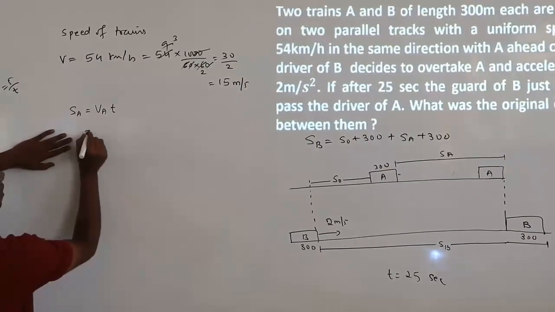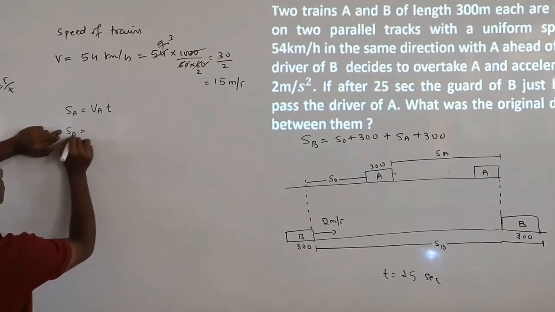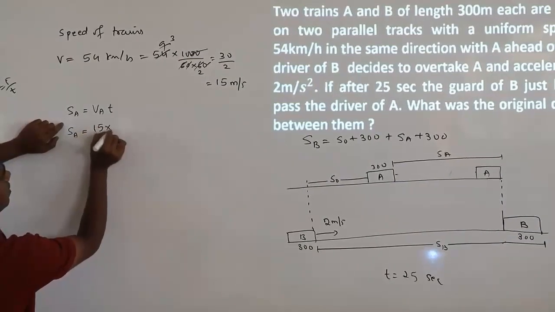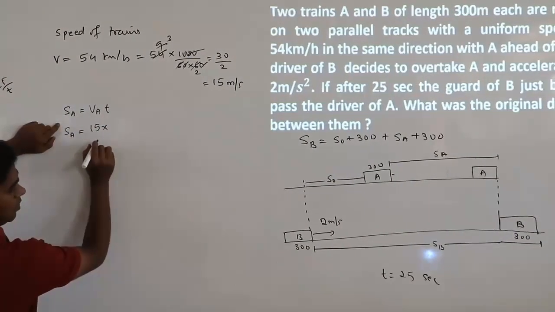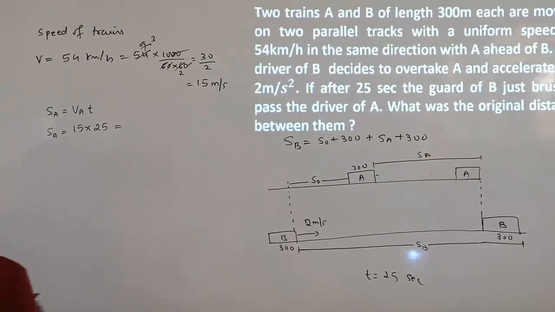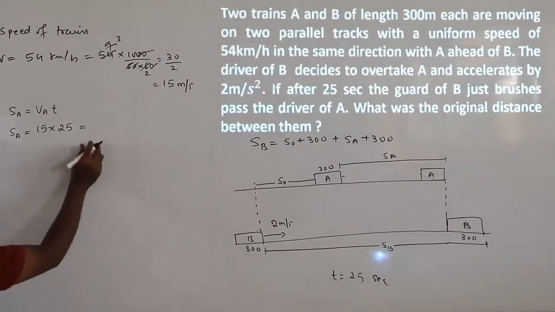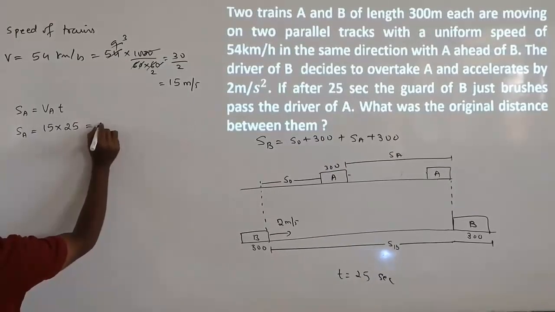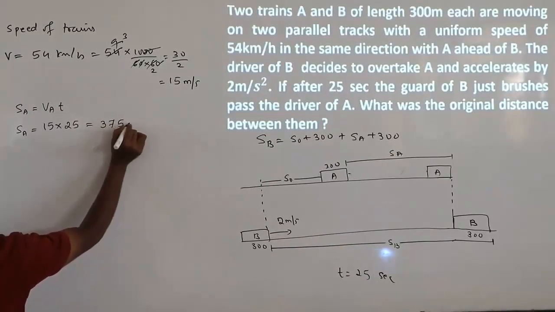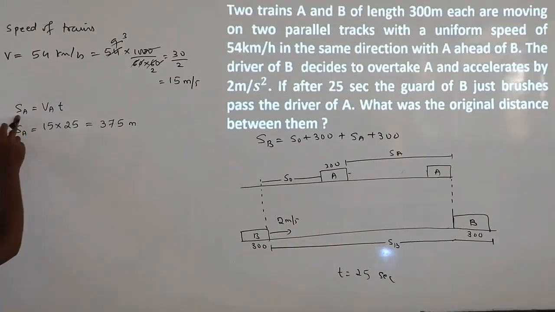So SA equals VA, which is 15, into 25. How much will you get? 250 plus 125 means 375 meter. This is the distance travelled by train A.